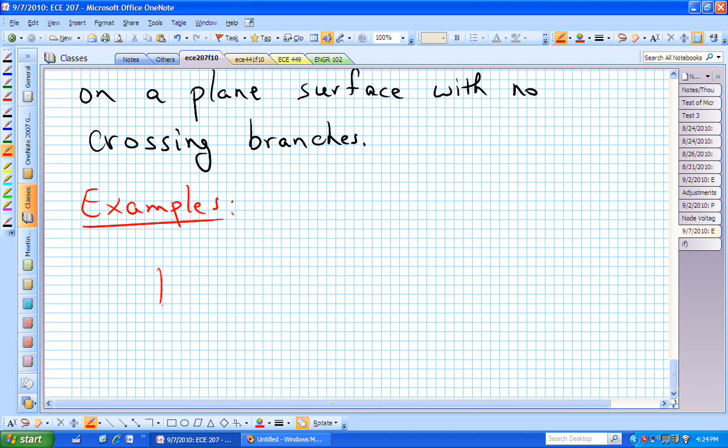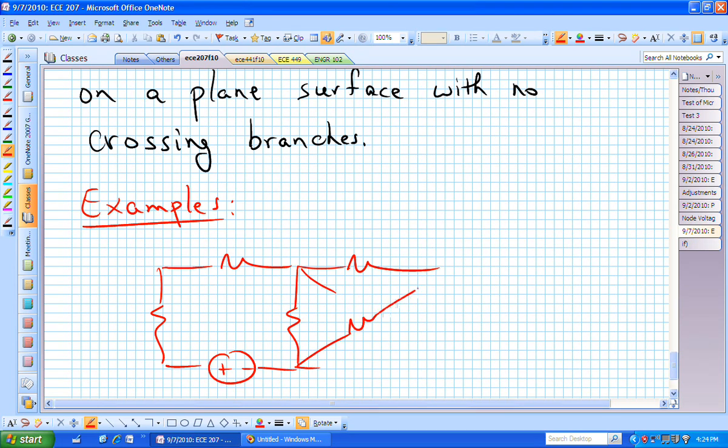For example, suppose that I have the following circuit. Is that circuit planar or non-planar?